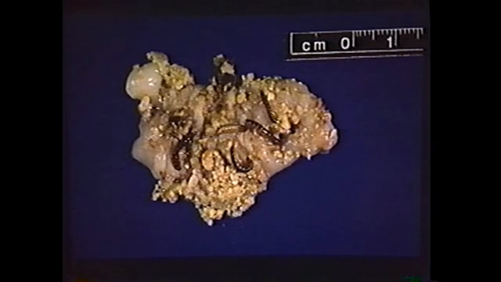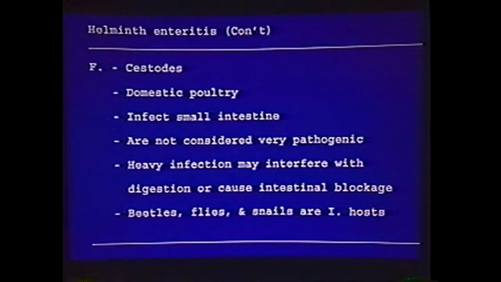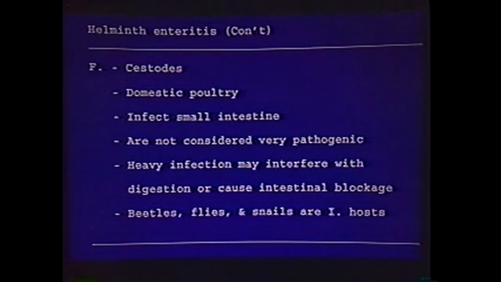Intermediate hosts can be fleas or flies, and here is a mealworm in the crop, which can be an intermediate host for this parasite. Heavy infection with tapeworm may interfere with digestion or cause intestinal blockage. And I listed here some of the intermediate hosts of the parasite.